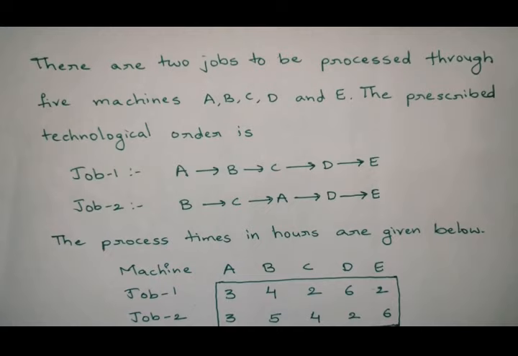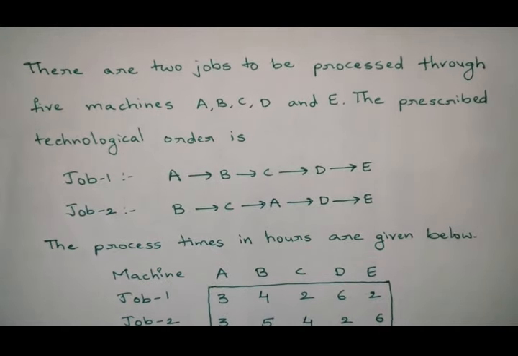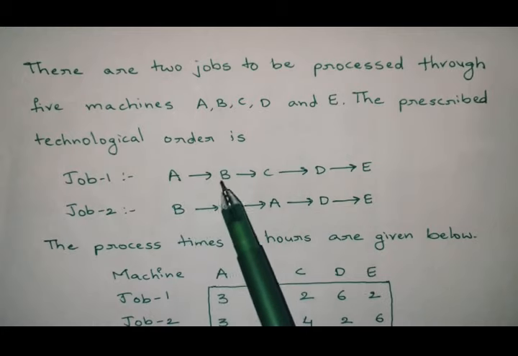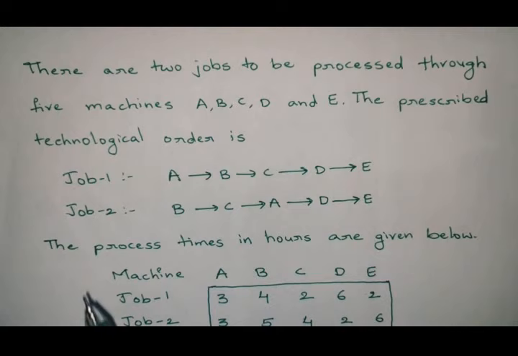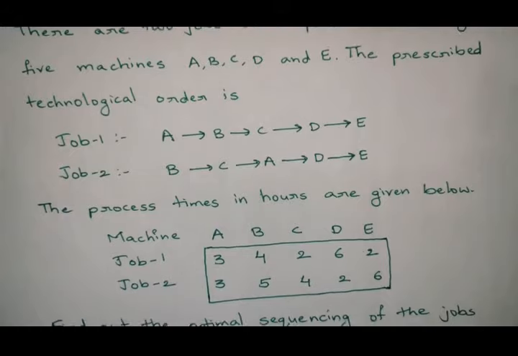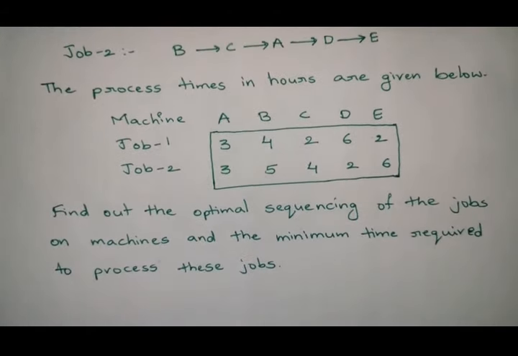So without any delay, let us get into the problem. There are two jobs to be processed through 5 machines A, B, C, D and E. The prescribed technological order for job 1 is A, B, C, D and E, and for job 2, the technological order is B, C, A, D, E. This is fixed, and now we need to sequence those machines.